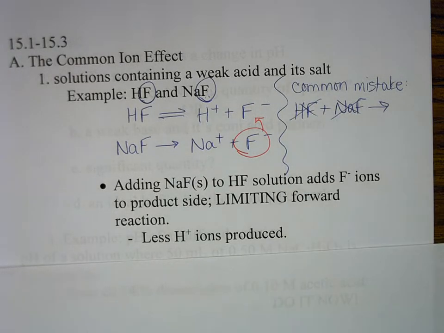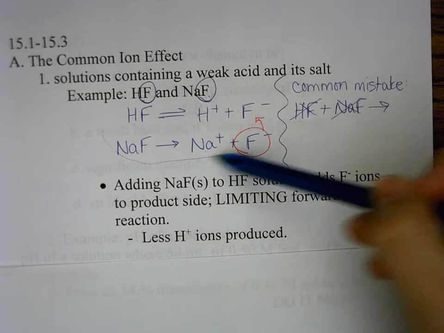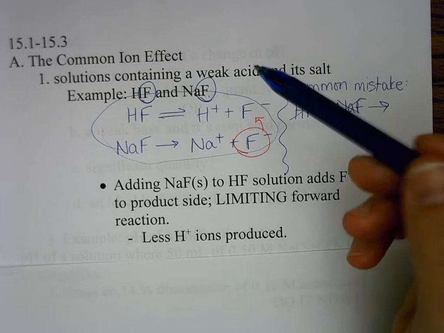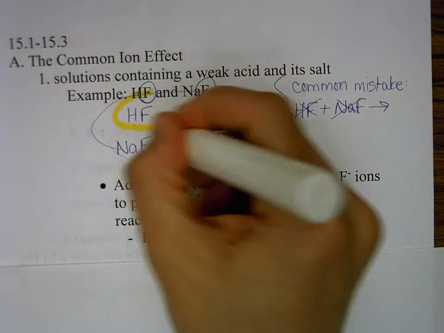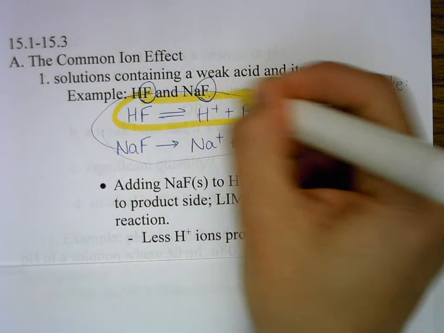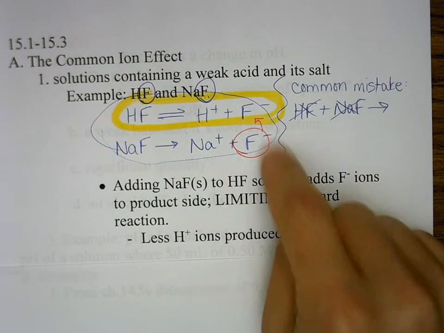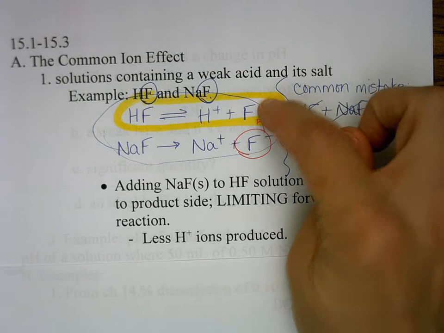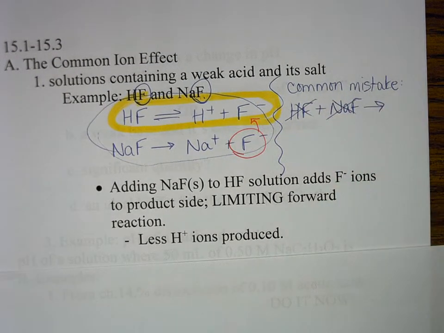That is not correct. Those do not both become reactants. It's more of this situation where you have two equations that happen separately, and when you're writing out equations for this situation, the weak acid dissociation is going to be the main equation, and the fluoride that comes from the salt will come in here and instead of being 0 be a number.